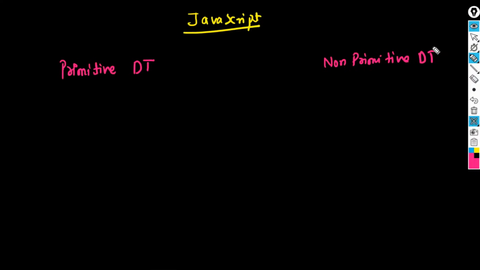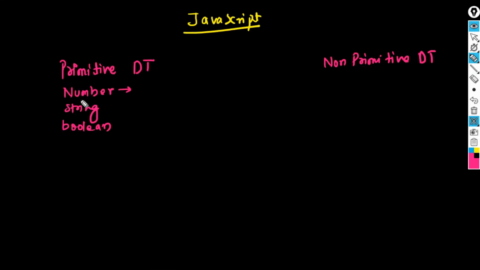Those are variables. In the primitive data type, we have number, string, and Boolean.